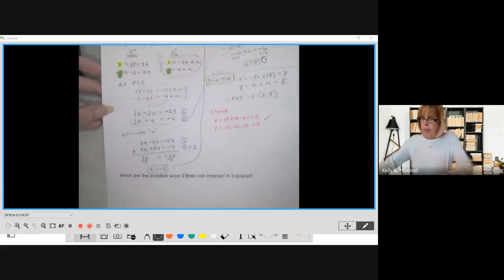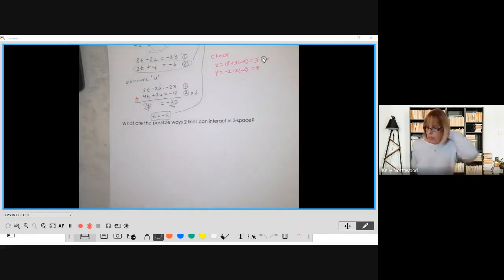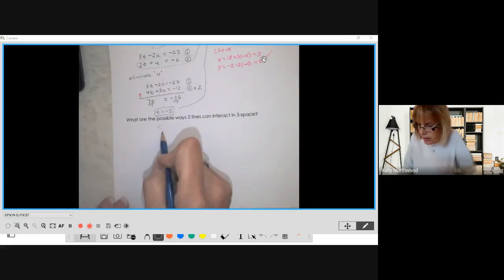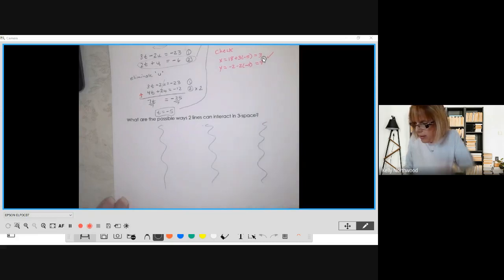All right. So before we move on to 3 space, we're just going to try to analyze what are the possible ways 2 lines could interact in 3 space. And we need 4 sections. Can anyone come up with one way 2 lines could interact in 3 space?